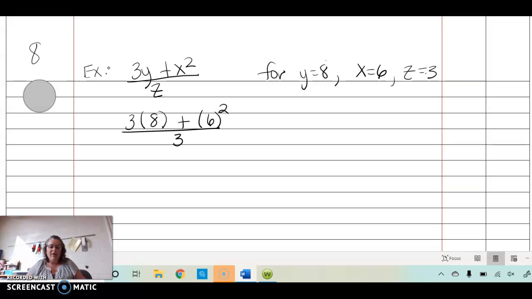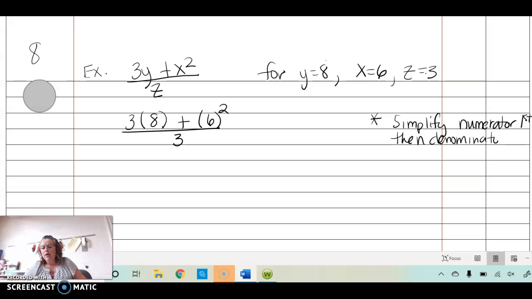Now when you get a problem like this, you want to simplify the numerator first, then the denominator. So upstairs, we have the 3 times 8 gives us 24 plus 36. 6 times 6 is 36, and this is over 3.